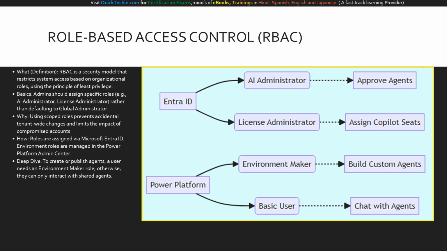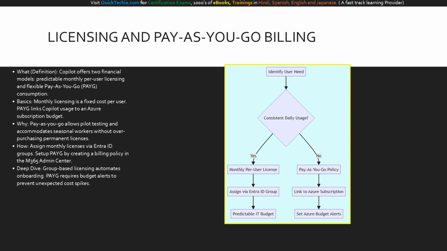The Environment Maker role is what actually unlocks the capability to build and publish custom agents. Meanwhile, the basic user role allows everyday employees to simply chat with those agents. By dividing permissions into these two distinct pillars, you ensure that no single account holds the keys to the entire AI kingdom.